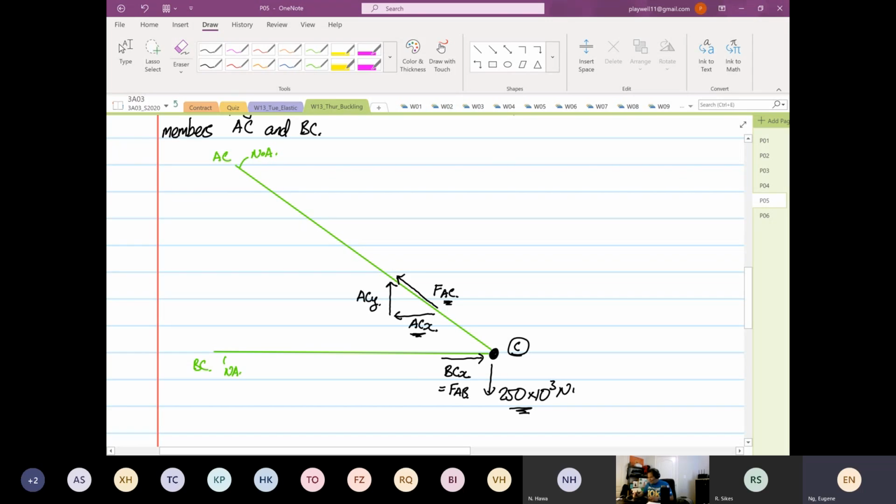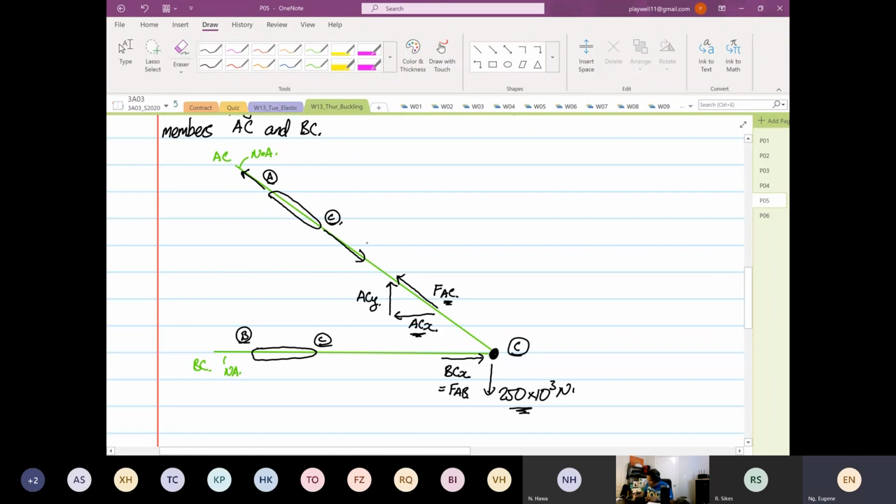Okay? So now we have resolved the forces from point C, but we still need to find how the forces are acting on member AC. So this is your member AC, and this is your member BC. And then we apply Newton's third law. Action is equal to reaction, same magnitude, different direction.